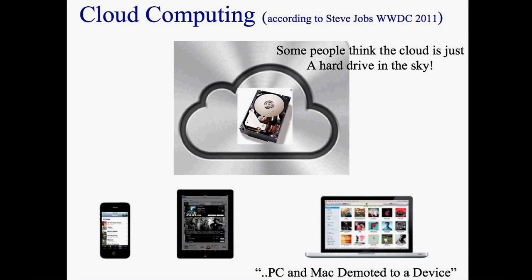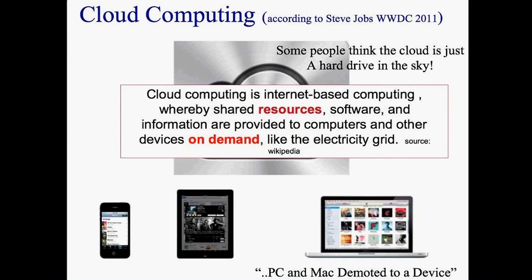As you pointed out, some people think that the cloud is just a hard drive in the sky, somewhere to store your photos, somewhere to store your Word documents, and for syncing between your different applications or your different computers. It's actually not that. Cloud computing is internet-based computing whereby shared resources, software, and information are provided.